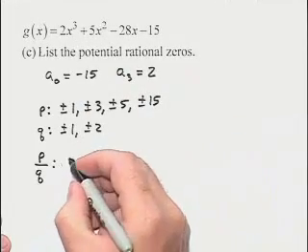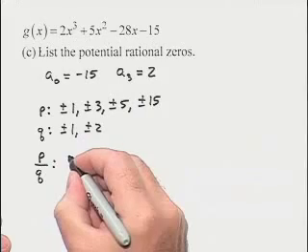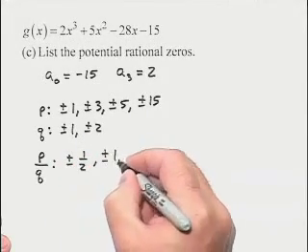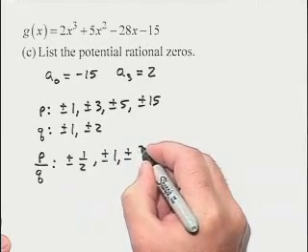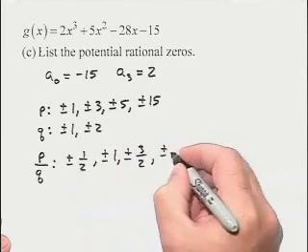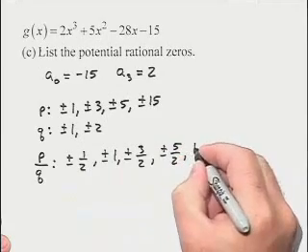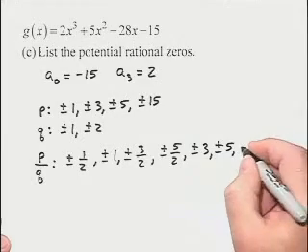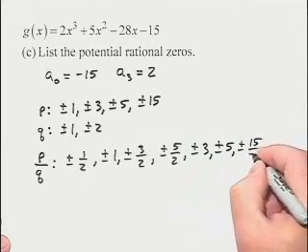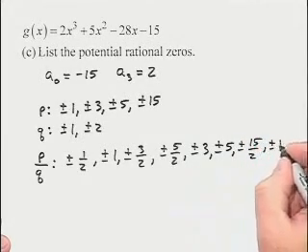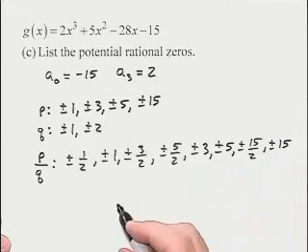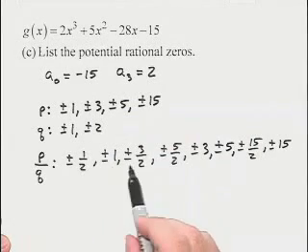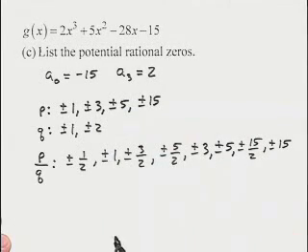We get plus or minus 1/2, plus or minus 1, plus or minus 3 halves, plus or minus 5 halves, plus or minus 3, plus or minus 5, plus or minus 15 halves, and finally plus or minus 15. So if our function g has a rational zero, it must be one of these 16 that we've listed here.